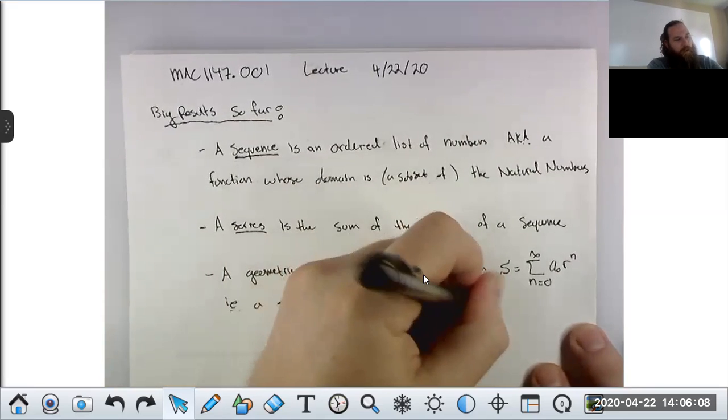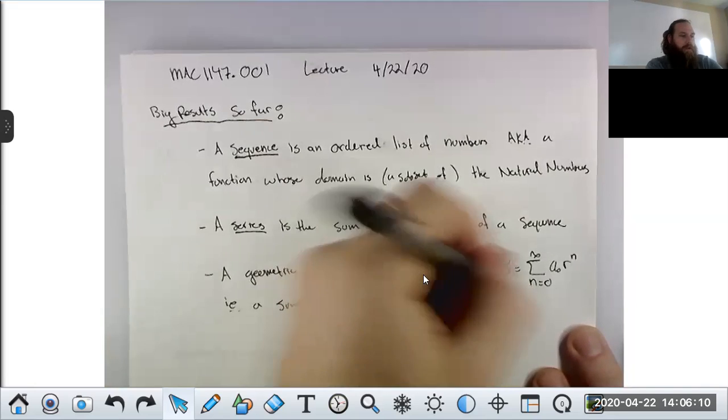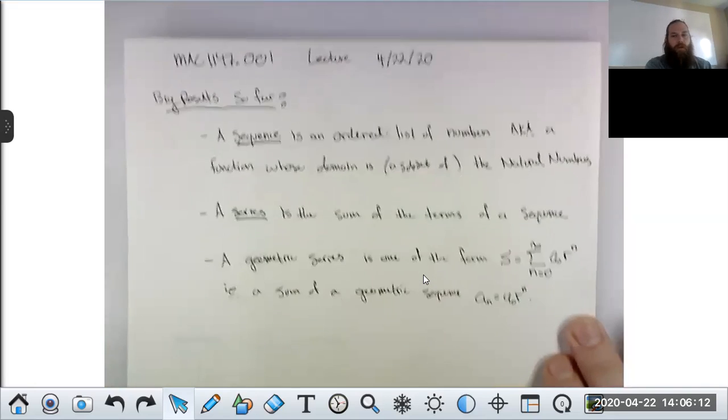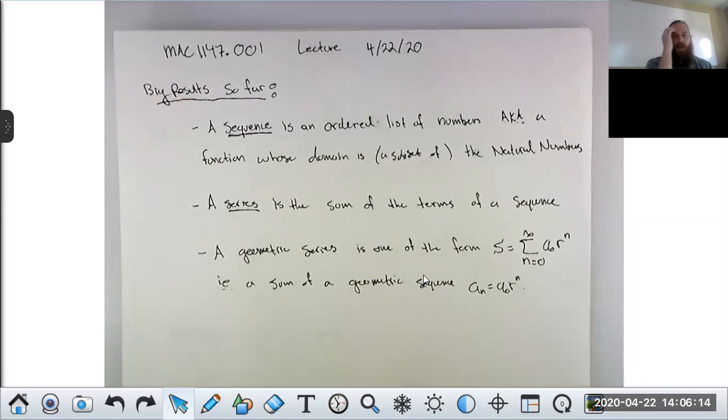a_n equals a naught times r to the n. So if you build a series, sigma a_n, where the a_n's are geometric, like these guys, they look like this.